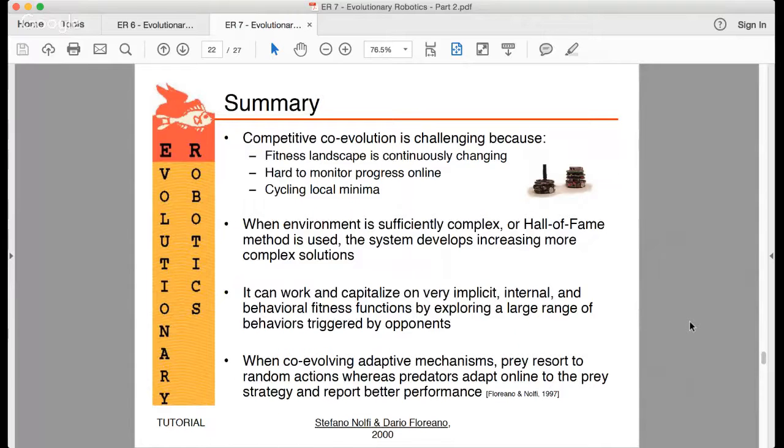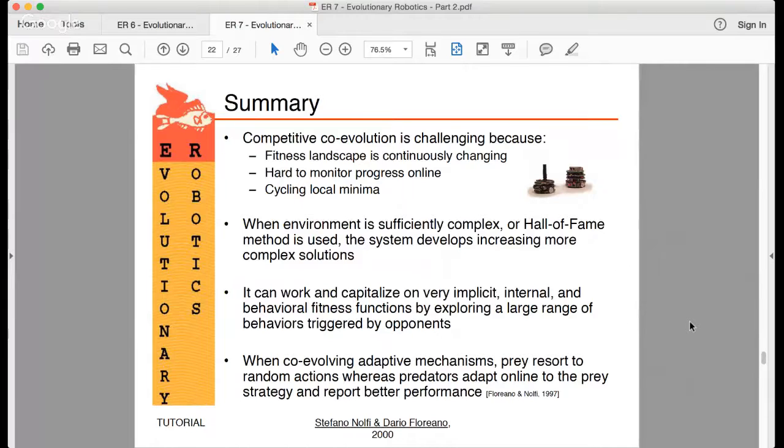To summarize this part about competitive coevolution, we want to say that competitive coevolution is challenging because the fitness landscape is continuously changing, and it is hard to monitor progress online. And the last reason is cycling local minima.